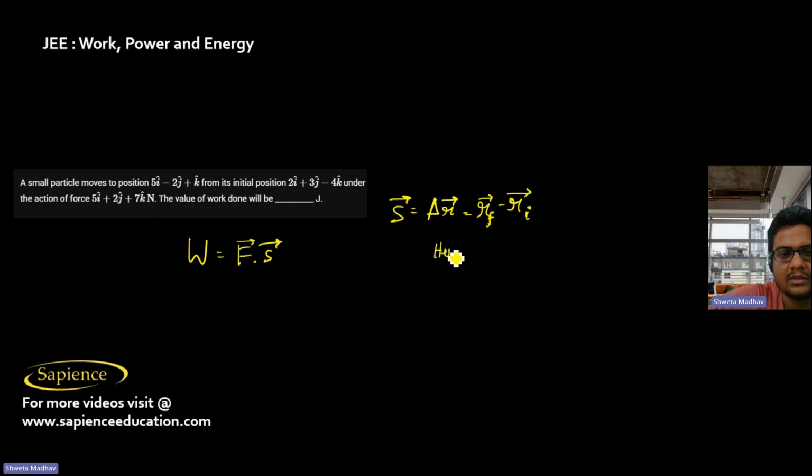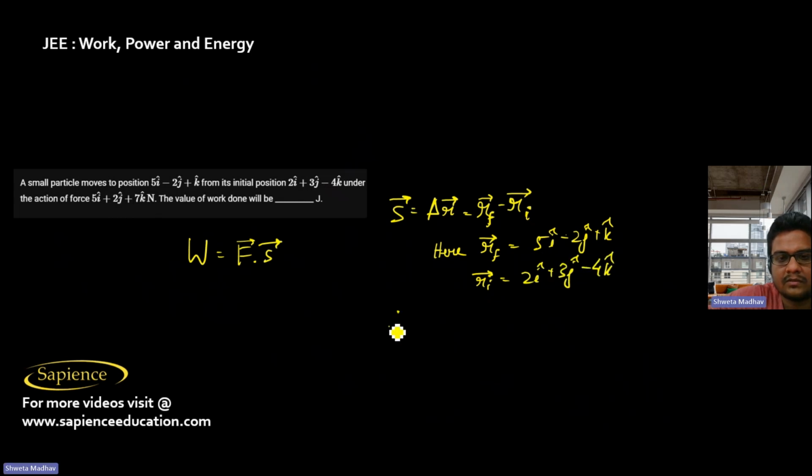So here it is told that the final position is 5 I cap minus 2 j cap plus k cap, and the initial position is 2 I cap plus 3 j cap minus 4 k cap. So therefore the displacement is R final minus R initial. If you subtract these two, we will get 3 I cap minus 5 j cap plus 5 k cap, this much meters.